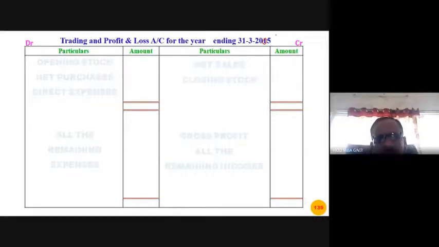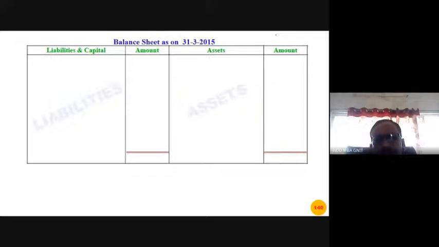Next statement is the balance sheet. You draw this format for half page length only. Here also you can make it 2005. On the left side, liabilities are shown.